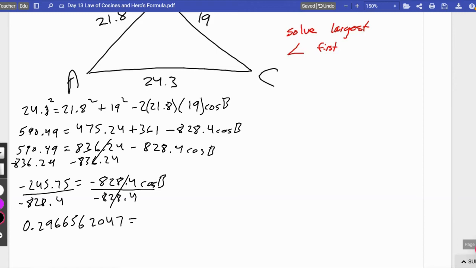62047. Ideally, we'd use significant figures, but now this is cosine. It's equal to cosine of B. The way that we get rid of the cosine of B is by taking the inverse cosine of the other side. So now we're taking cos inverse of 0.2966656, all that stuff. That's what B is equal to. And we can get that.